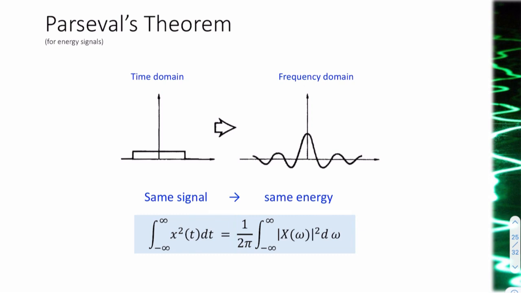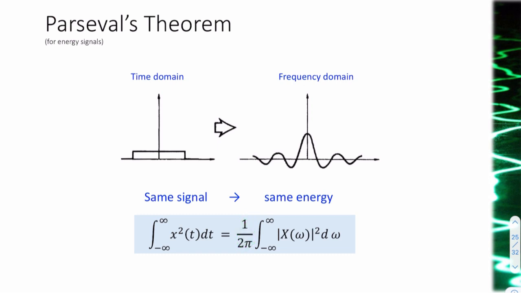Okay? In some books, if they were to use f, they wouldn't use that factor of 2 pi, but the most common representation is in terms of frequency omega in radians per second, and we do have this factor of 2 pi.